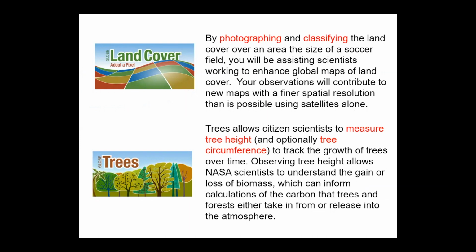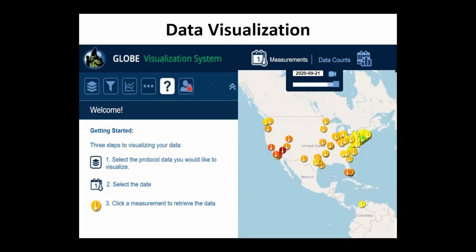Then we have tree heights, and this allows for calculations of carbon in trees. So here we are, right at the interface of climate change. Data visualization, you've got your data in there, so we're all good with that.